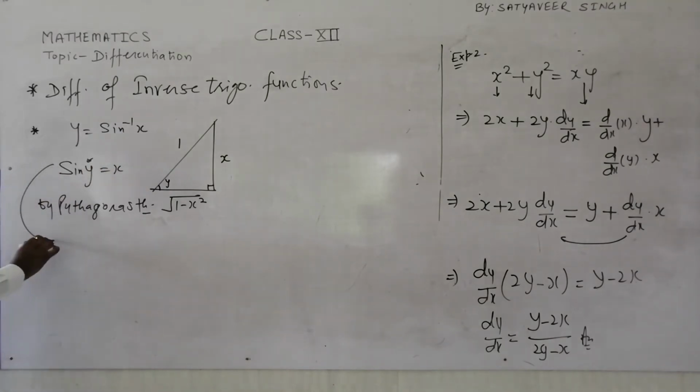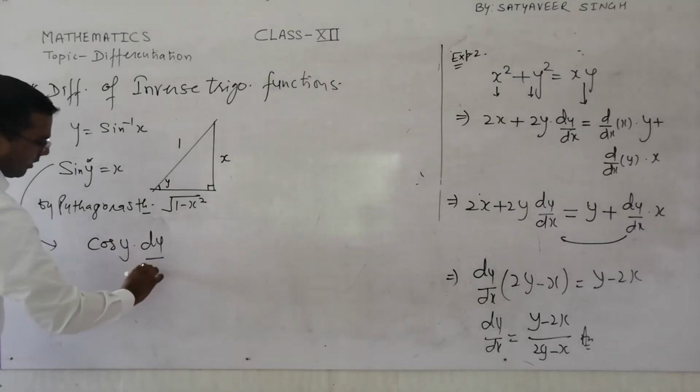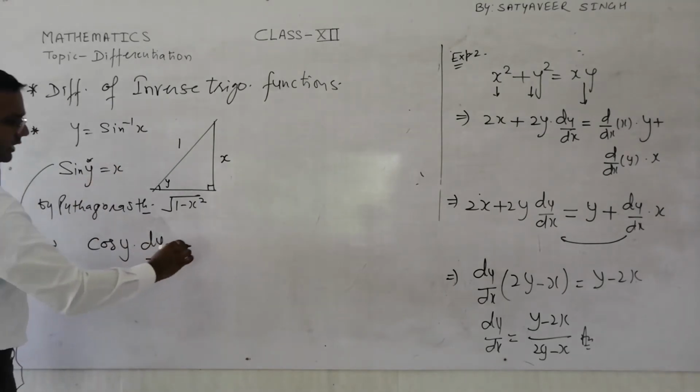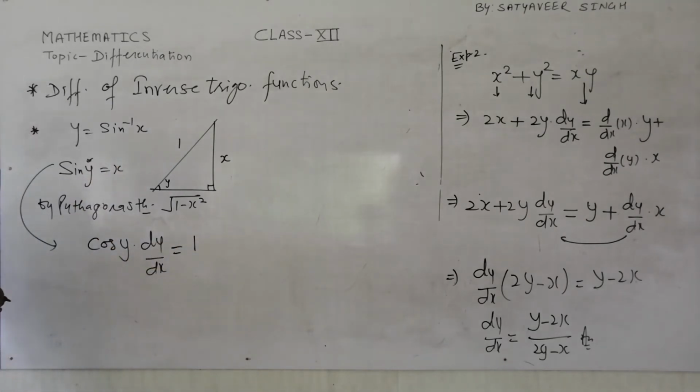Now, the function is sine y is equal to x. If you want to differentiate this, you can differentiate sine y and write it as cos y into dy by dx, with respect to x we are going. Differentiation of x, you can write it is 1.